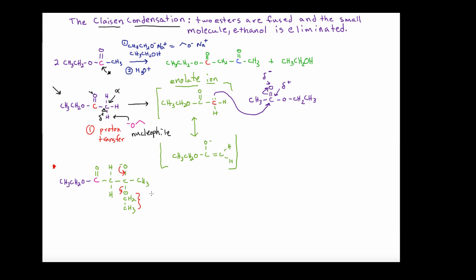So we're going to end up with an intermediate. I'm going to continue to color code this. I'm switching to blue, so we keep track of the original carbonyl carbon.